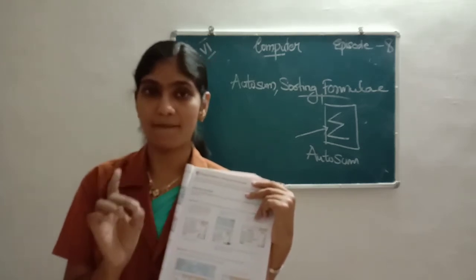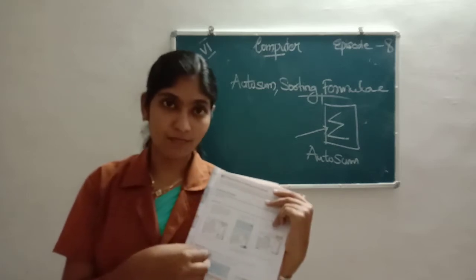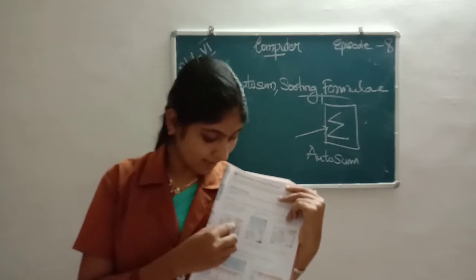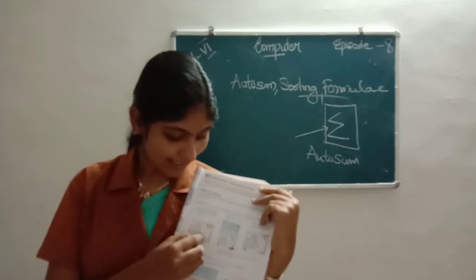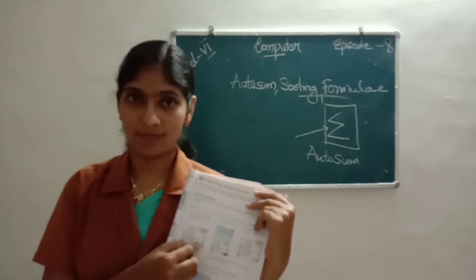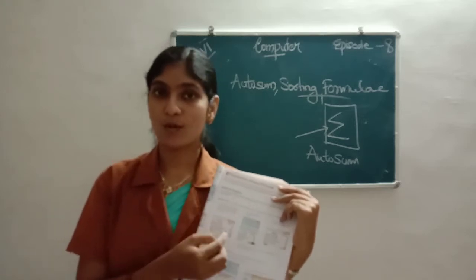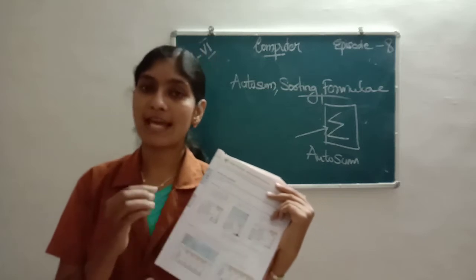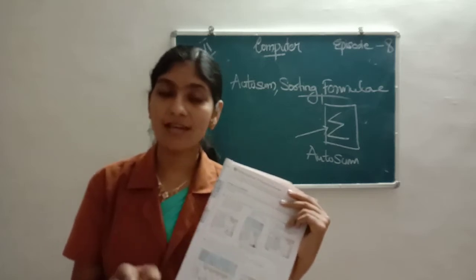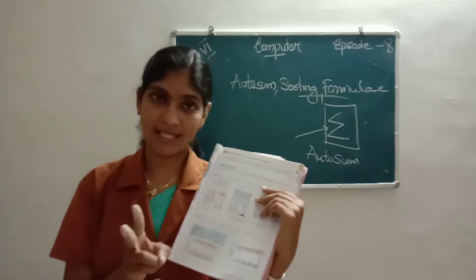Using auto sum. That means we want to calculate the sum of all matches, that is 76 plus 98 plus 134 plus 45. That is the sum of all scores, right? So we do not need to calculate in a manual way, but there is a simple and easy way.